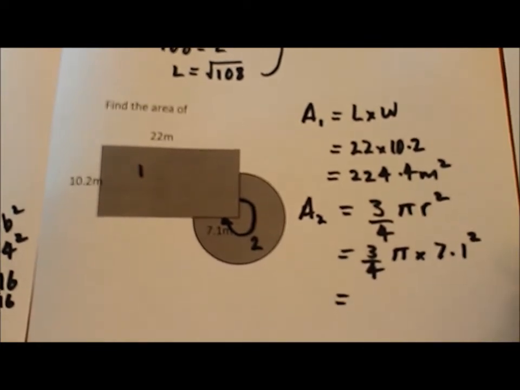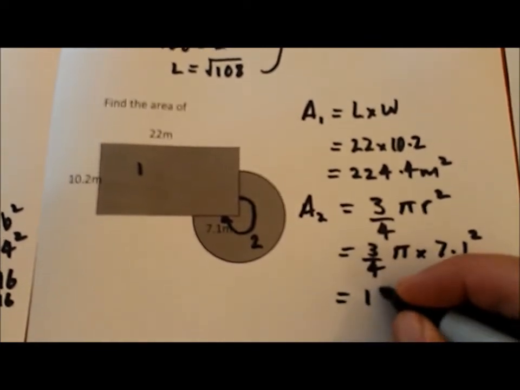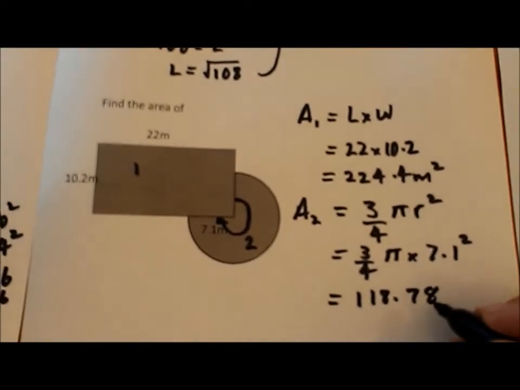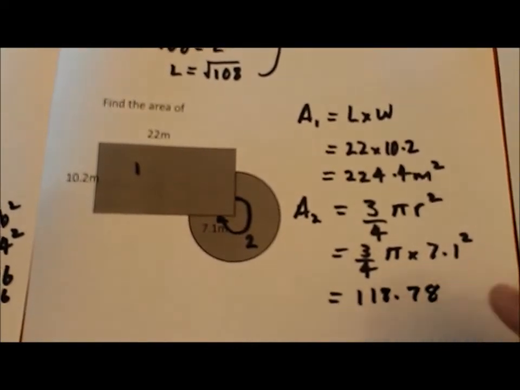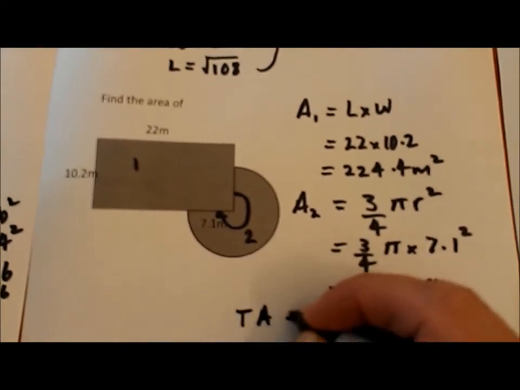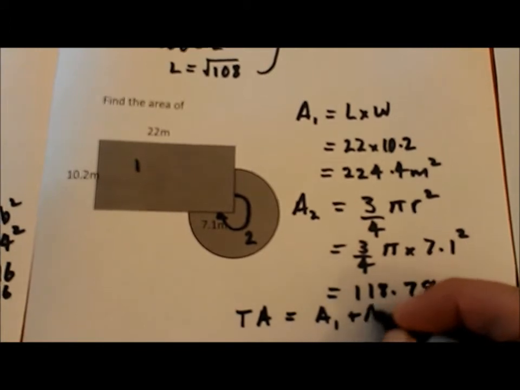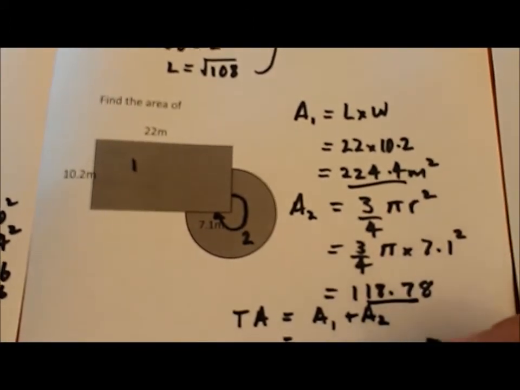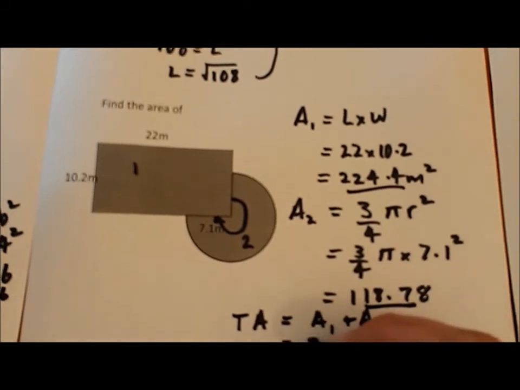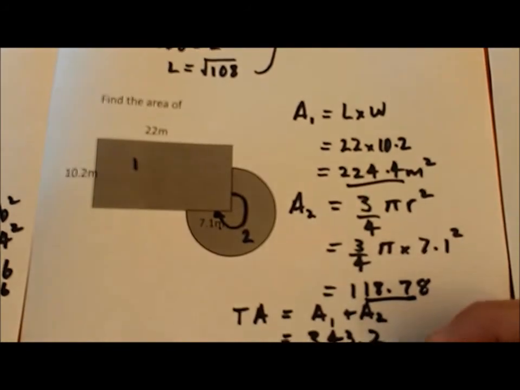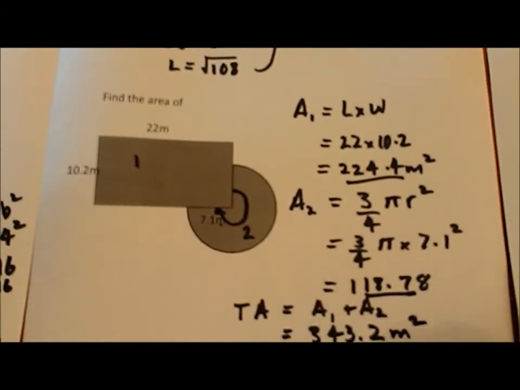Again, head to the calculator, get 118.78 when you round off to 2 decimal places. Again, store that. We'll keep that exact. But the total area is going to be, add them together, area 1 plus area 2. This area plus this area adds up to 343.2 units of metres squared.